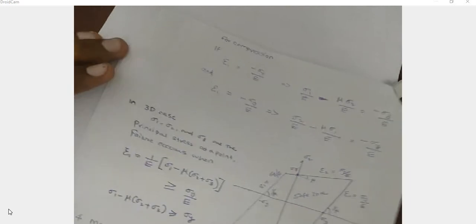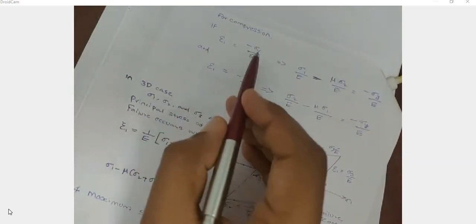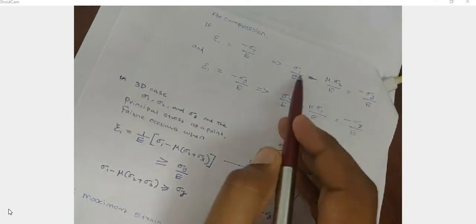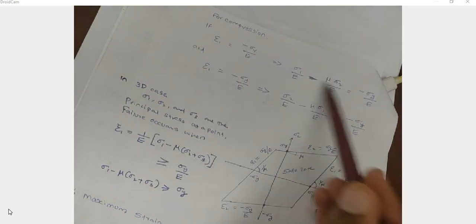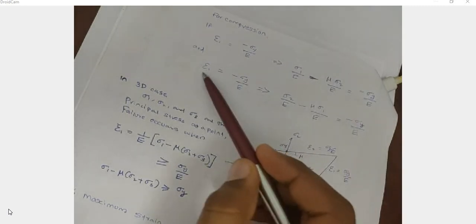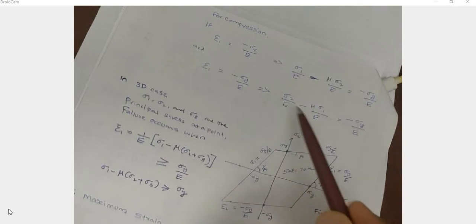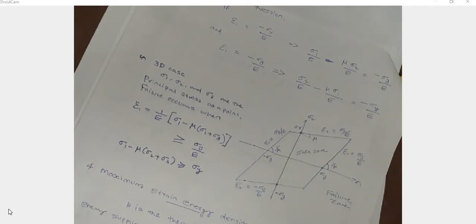And for the compressive case, epsilon 1 is equal to minus sigma y by E, and equating the corresponding principal strain, we get the same value. So we can plot this safe region and failure region using these values.